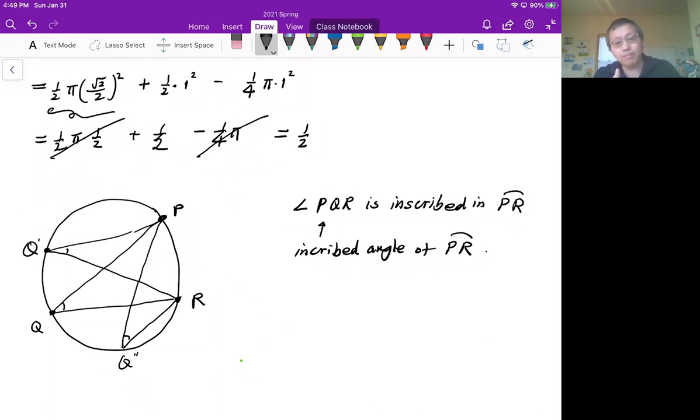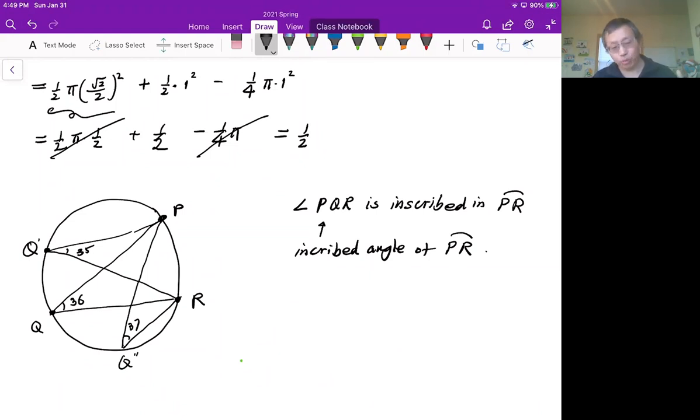If they have the same measure, then you can say that it's well defined. But if one angle is 35, the other one is 36, the other one is 37, then that's a bad definition. I cannot call all of them the inscribed angle of PR. So I have to make sure that all of those inscribed angles are the same, meaning they have the same measure.